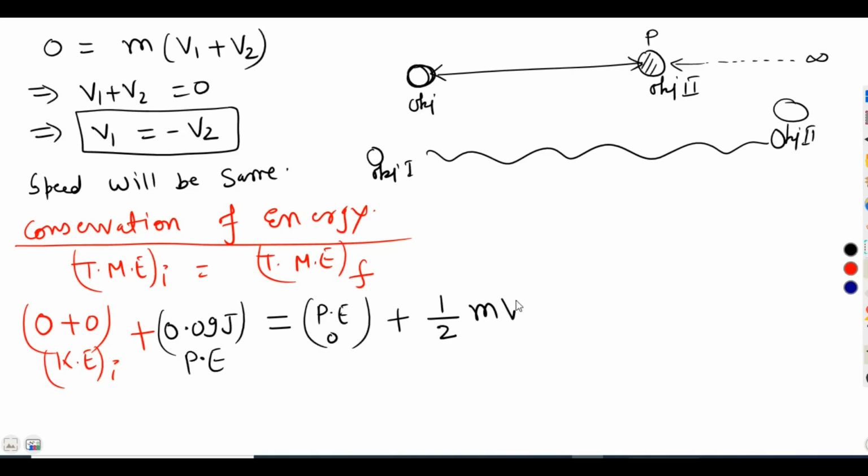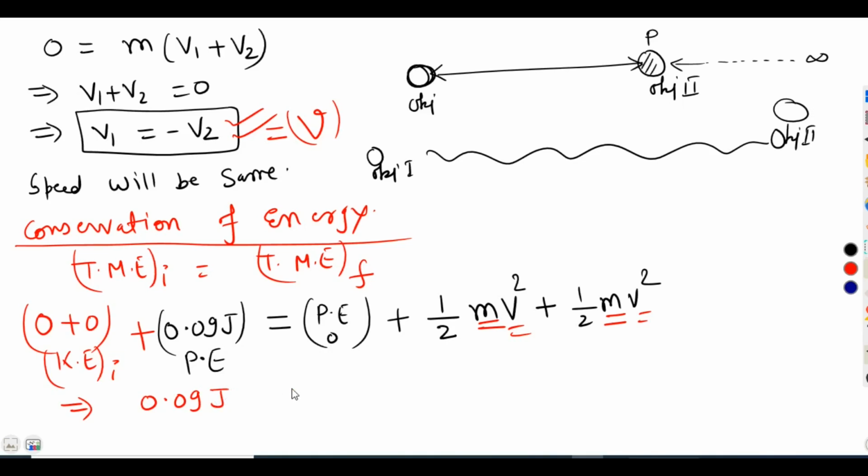Since their masses are equal, we put m here, and their magnitude of velocity is the same, v. So 0.09 joule is equal to m v square, so v square is equal to 0.09 divided by m.